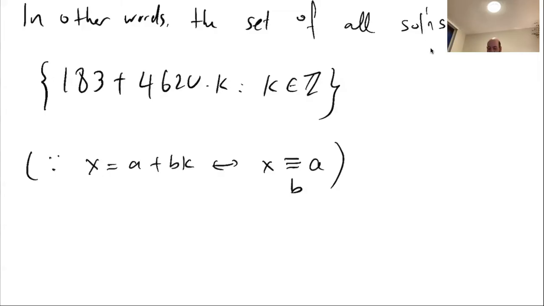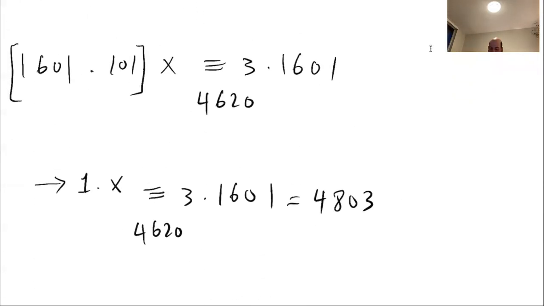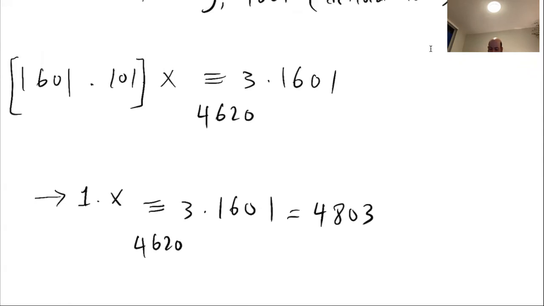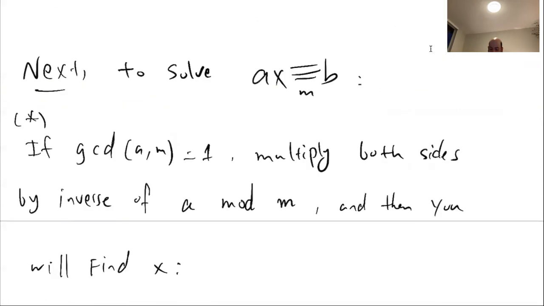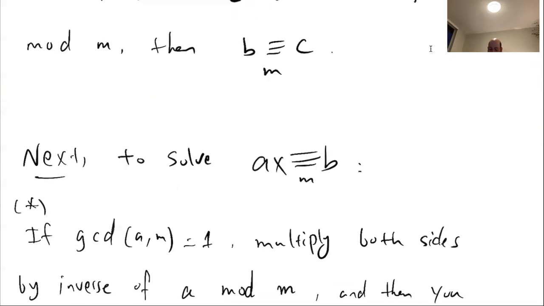Okay, so please remember that we are done with solving the congruence in the case where GCD of A and M is 1. So let me clearly say here that this is, let's say, case 1. If GCD of A and M is 1, then we saw how to solve the congruence.